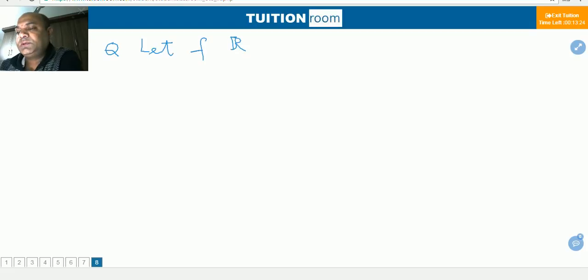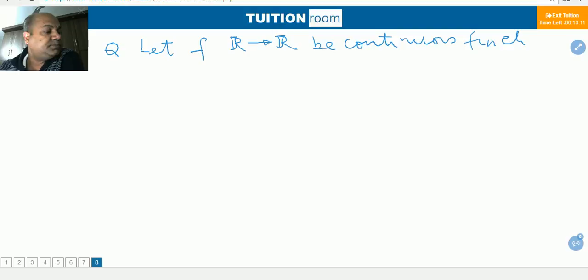We can write it as f(x) + f(-x). Now from the given relation, we can write f(x + y) = f(x) + f(y).